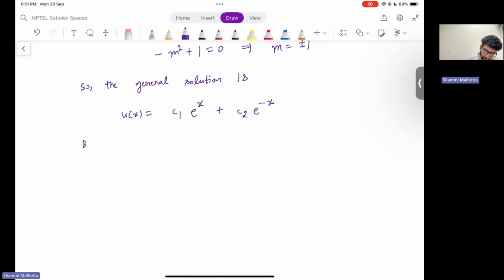But we have boundary conditions, u(1) and u(minus 1) both are 0.